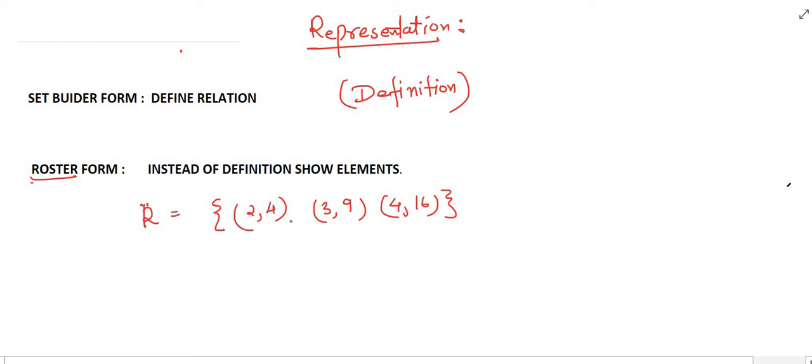In a definition, instead of giving this, I will give {(x, y)}, where y is the second element and x is the first element.